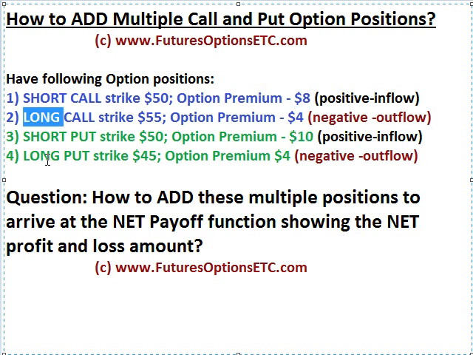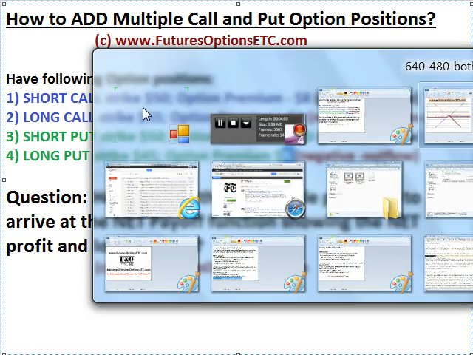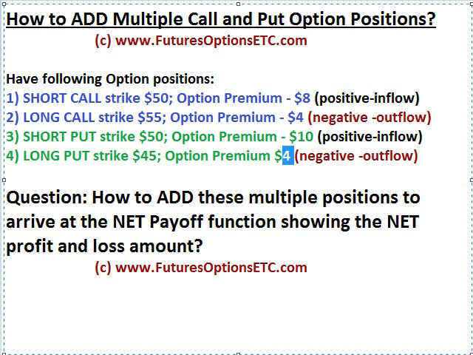And for the two long positions, we have to pay from our pocket, so that would be an outflow. Here you have $4 and $4, that would be $8. So 18 is the net received, 8 is the net paid. So net we are going to receive $10 from these four option positions. Now how do we add them over here?